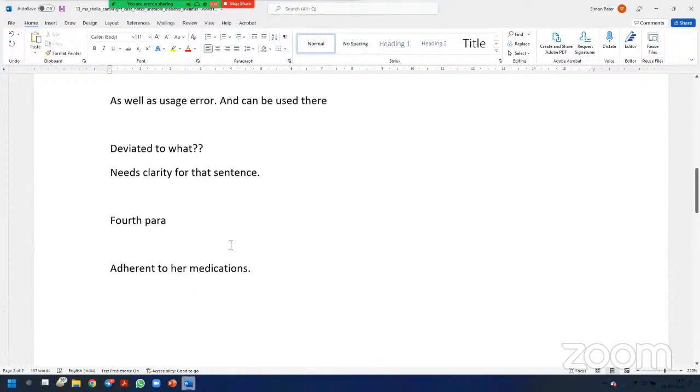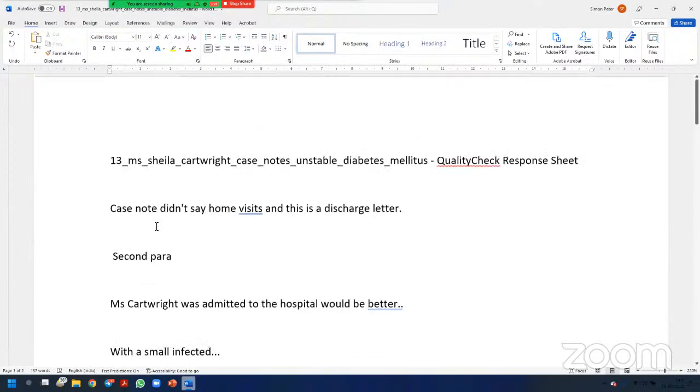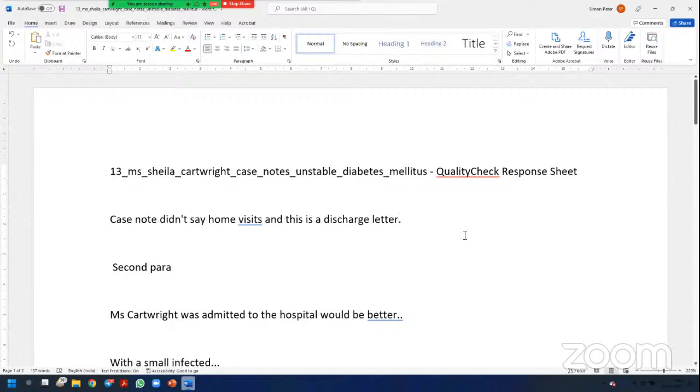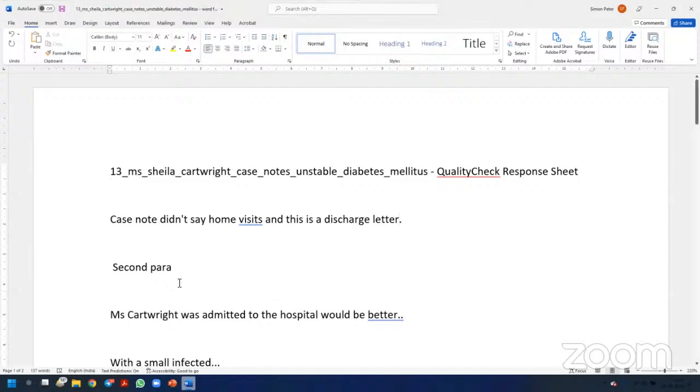So now, this is a discharge letter. This is just a discharge letter. They did not say home visits. Whenever she goes there or they come here or whatever it is, everything should be managed by them. Case notes didn't say home visits. You know that this is a discharge letter.